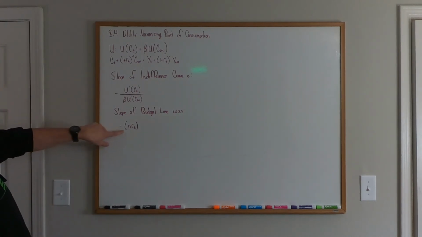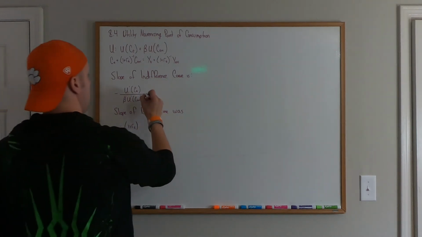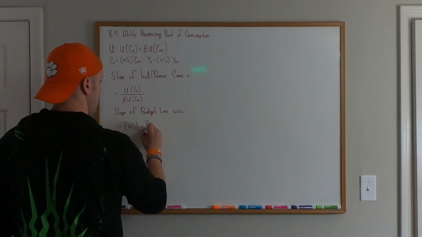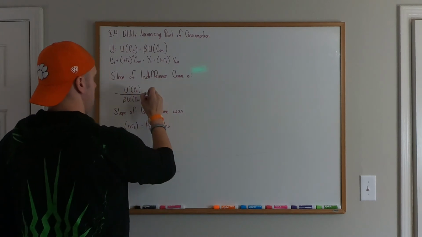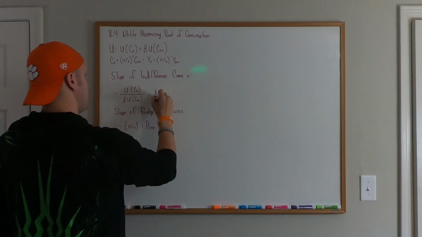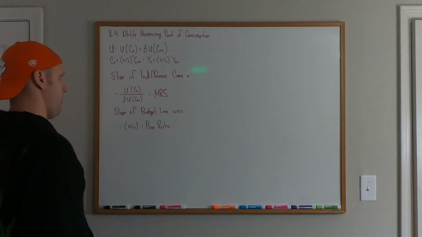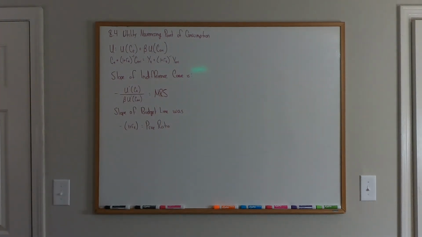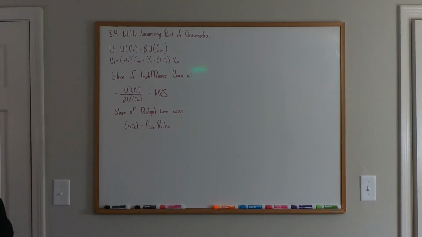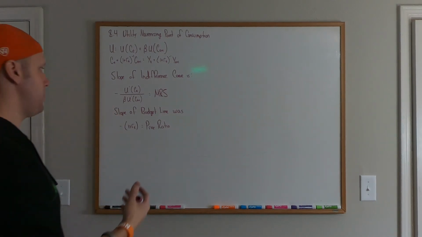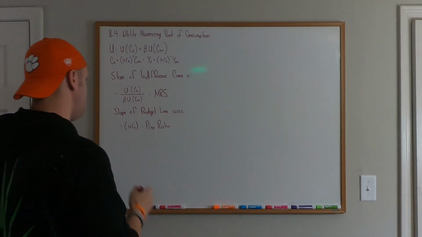So this is the price ratio, and this is the marginal rate of substitution, the ratio of marginal utilities. Now, if you remember, in the previous graph that I showed you, the marginal rate of substitution was equal to the price ratio.